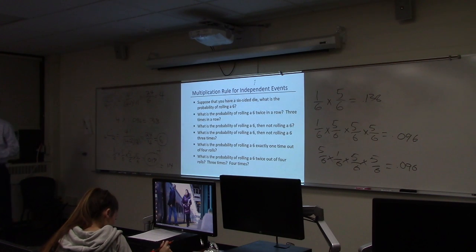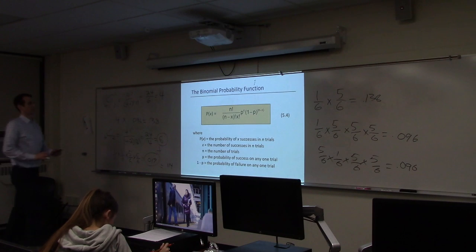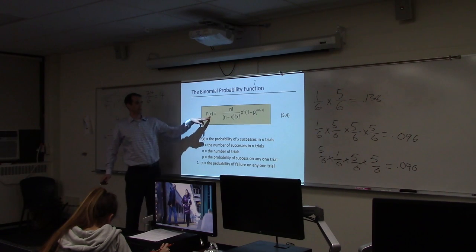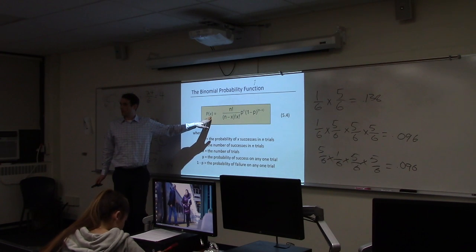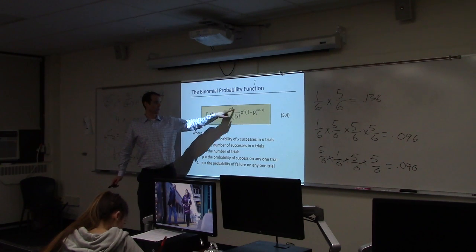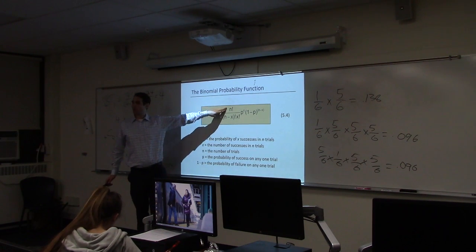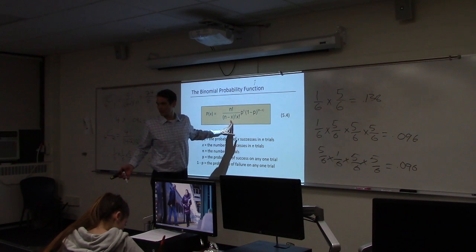All right, any questions? All right, so that is our binomial probability function. The probability of x, which is the number of successes, in our example the number of times we roll a 6, equals the combination formula. n is the total number of rolls, x is the number of times we want to get a 6.